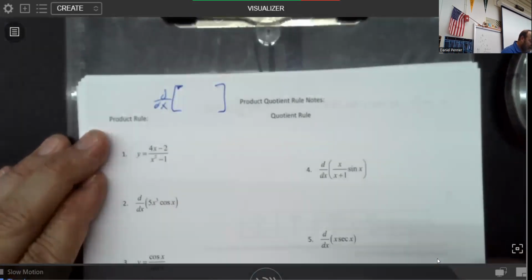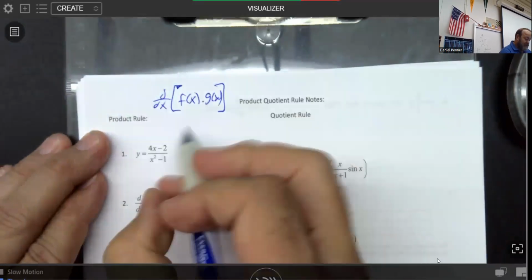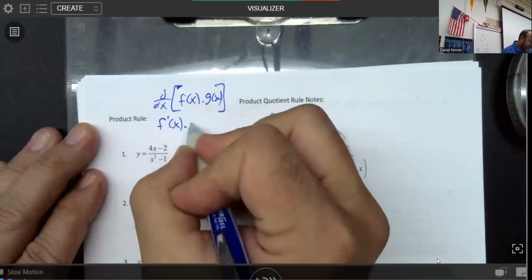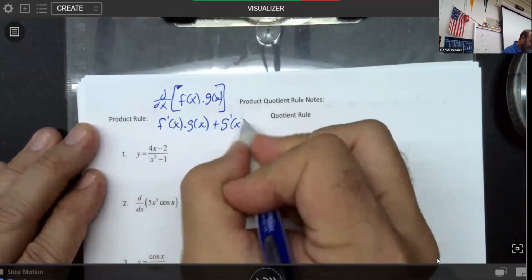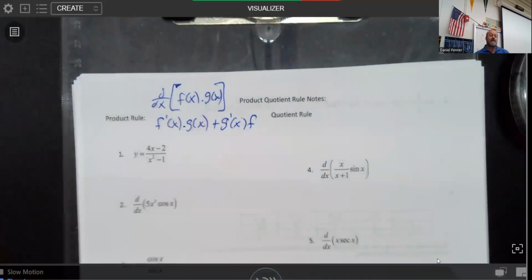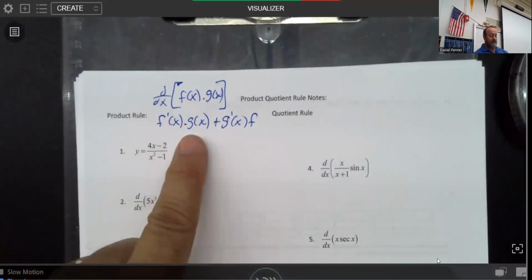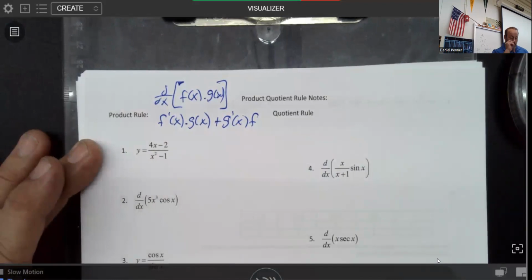So the derivative of f of x times g of x is f prime g plus g prime f. Now, when I say it and articulate it, I don't usually say the of x. I just say f prime g plus g prime f. And I make sure that I do that very, very carefully.